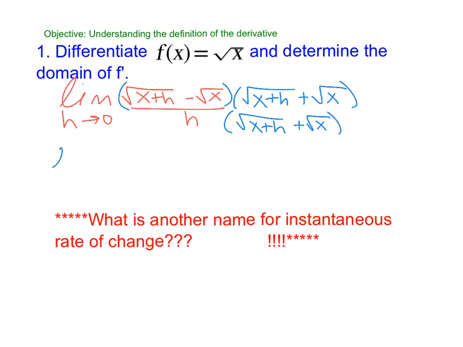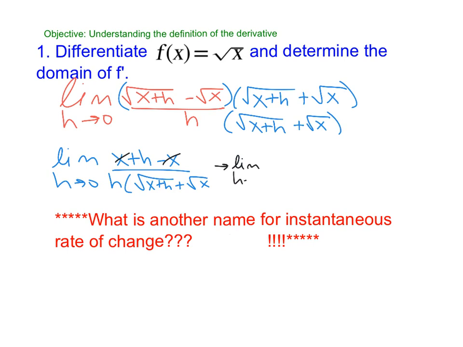So that gives me the limit as h approaches 0 of x plus h minus x all over h times the square root of x plus h plus root x. All right, so those top. Now the x's cancel, so then we have the limit as h approaches 0 of h over h times those square roots.